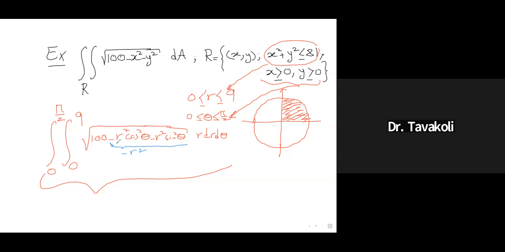So let me continue on the next page. Theta runs from 0 to pi over 2, r runs from 0 to 9, radical of 100 minus r squared, r dr d theta.